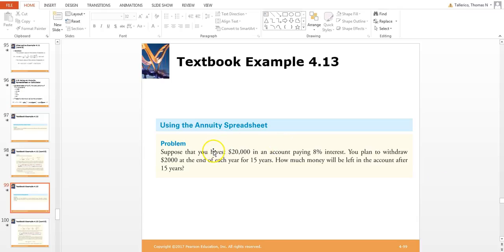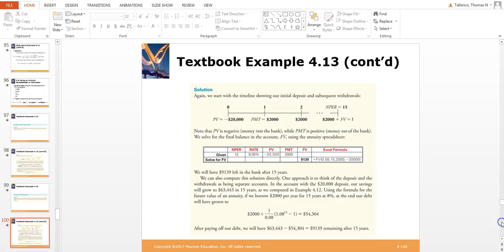And then here's another problem. Suppose you invest $20,000 in an account paying 8%, and they go on a little more. You plan to withdraw $2,000 at the end of each year for 15 years. How much will be left in the account after 15 years? And here's the 15 years at 8%, and here's the 20,000 you put in, and here is the 2,000 you take out, and they show you're left with $9,139.